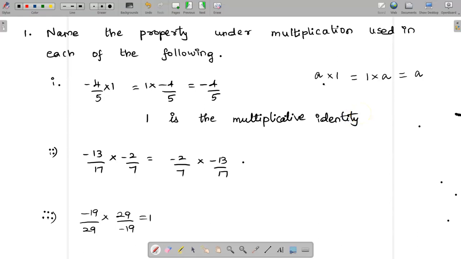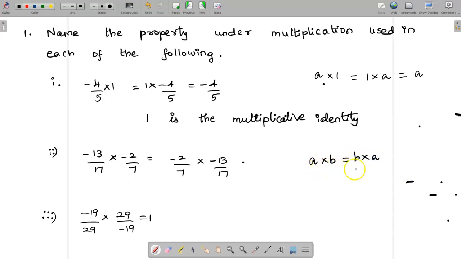The second problem is minus 13 by 17 into minus 2 by 7, which is equal to minus 2 by 7 into minus 13 by 17. It resembles the commutative property. According to the commutative property in multiplication, a into b is equal to b into a.